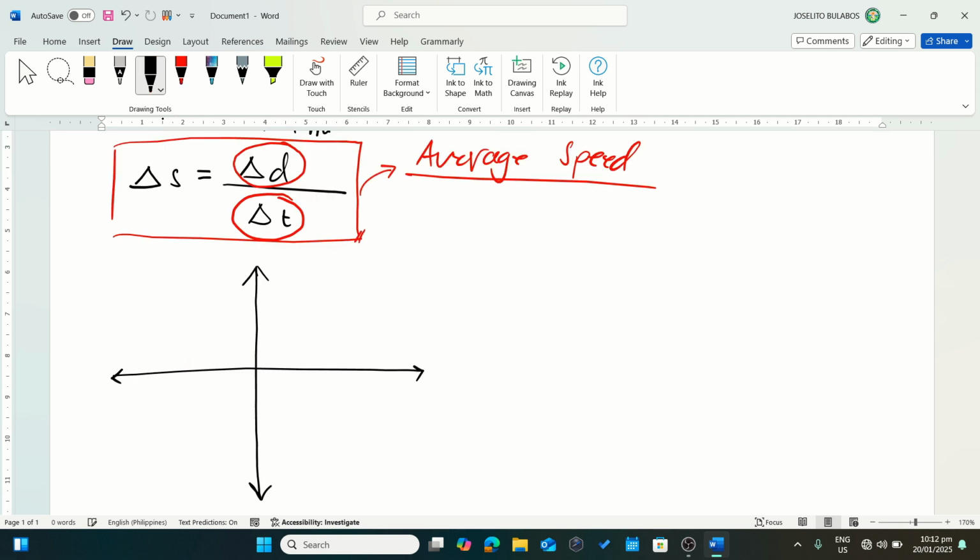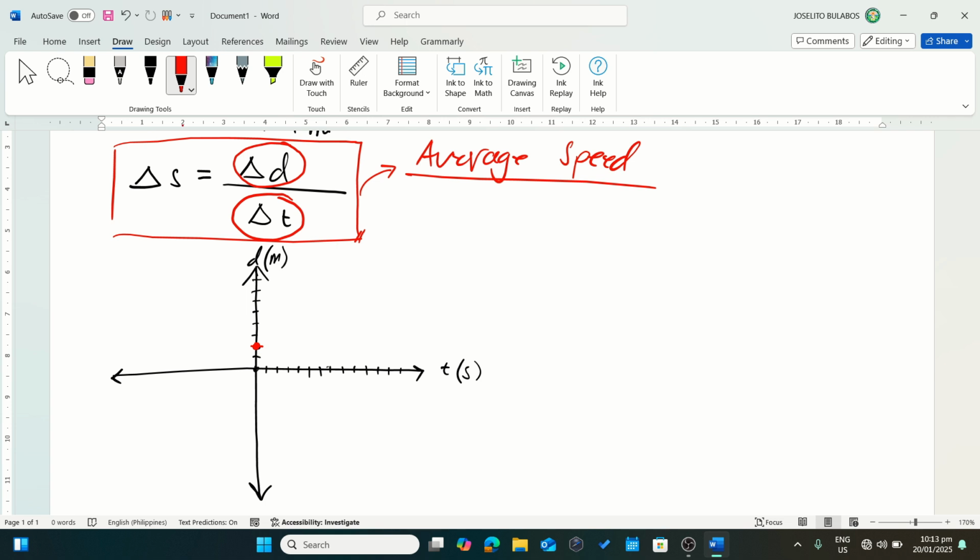So our x-axis here will be our time in seconds, and our y-axis here will be the position, or d, in meters. So at time 0, the object is located at 2 meters.